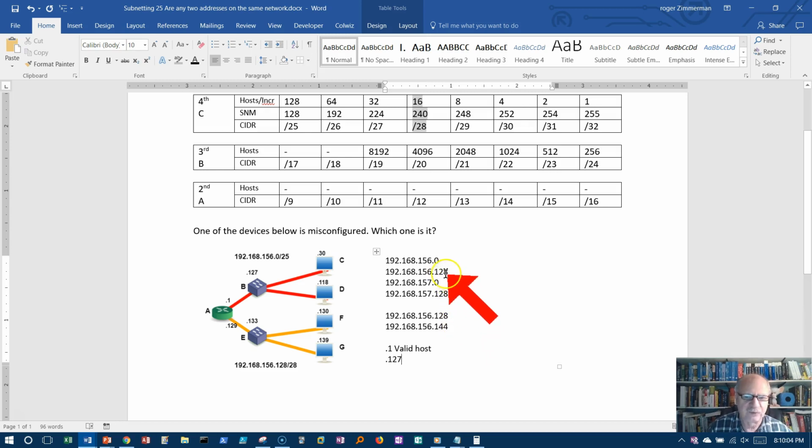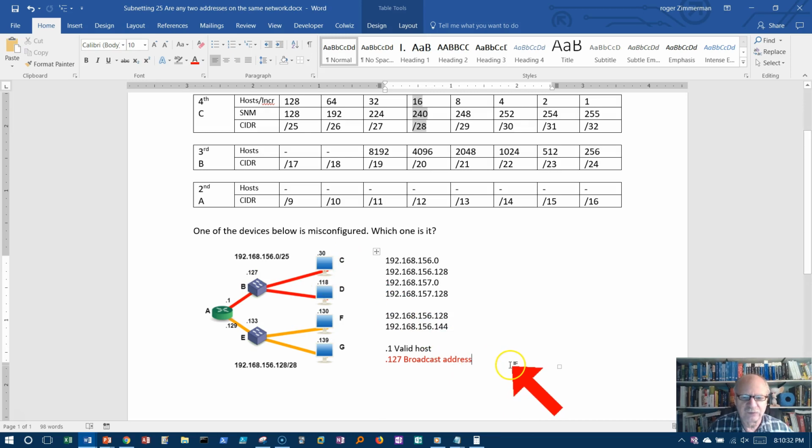Is that a valid address? Well, if .128 is a network address, then .127 would be a broadcast address. And we have already discovered the problem right here. We know that that is a broadcast address and that is not allowed. So B would be the correct answer in this case.